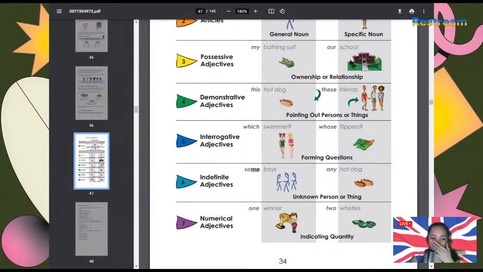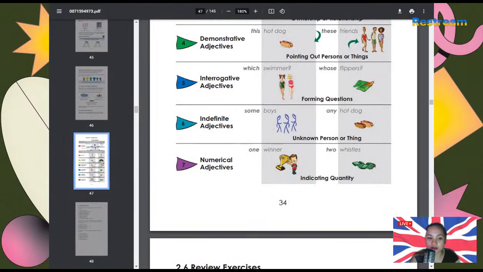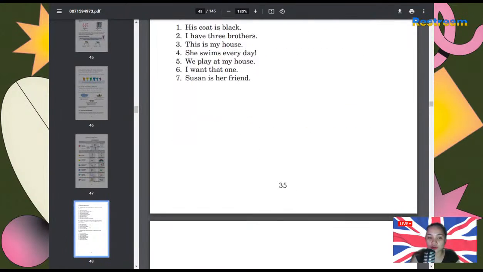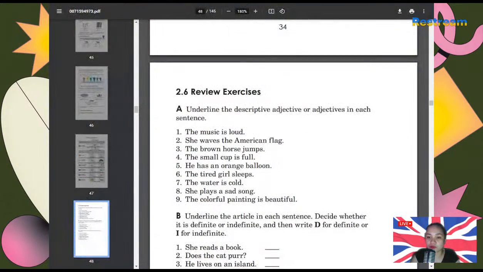We use words like some, any, and many more. And lastly, we have the numerical adjectives. This indicates the number of the noun, describing the noun by giving its quantity or number. And we stop here at page 35 for the review exercise.